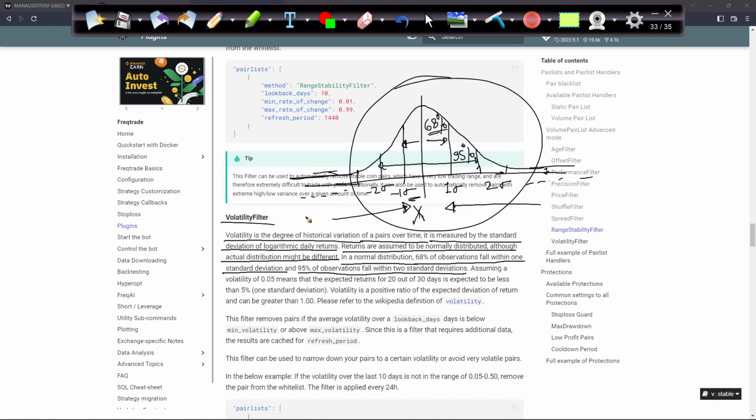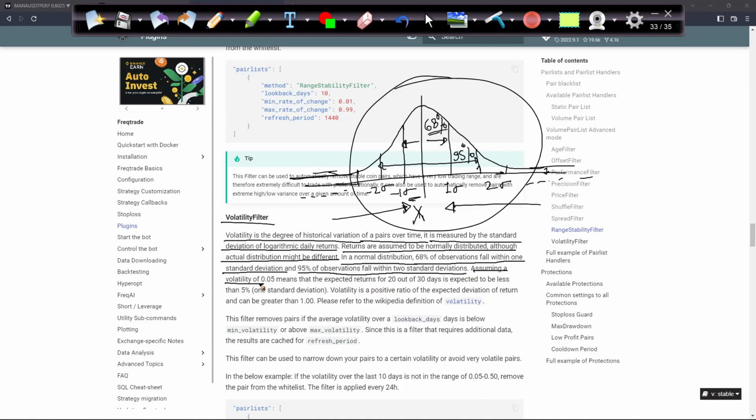It basically calculates on logarithmic returns, and it assumes that the returns are normally distributed, although the actual distribution is different in the real world. In a normal distribution, 68% of observations fall within one standard deviation, and 95% of observations fall within two standard deviations.